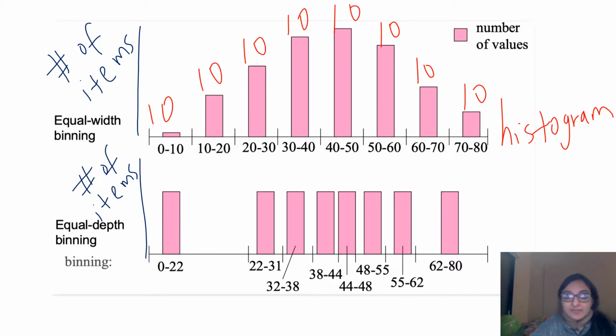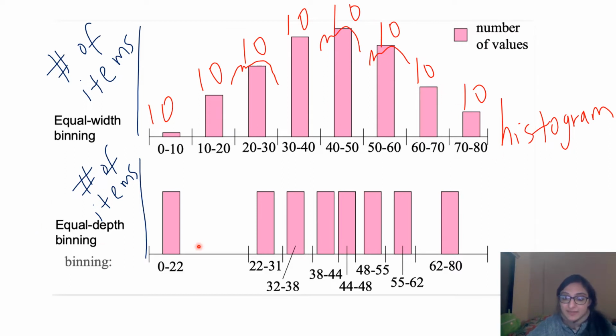This 10, just to remind you, is the interval. For equal width binning, they all have 10 for the intervals in this example, and this height represents the number of items, the number of values.